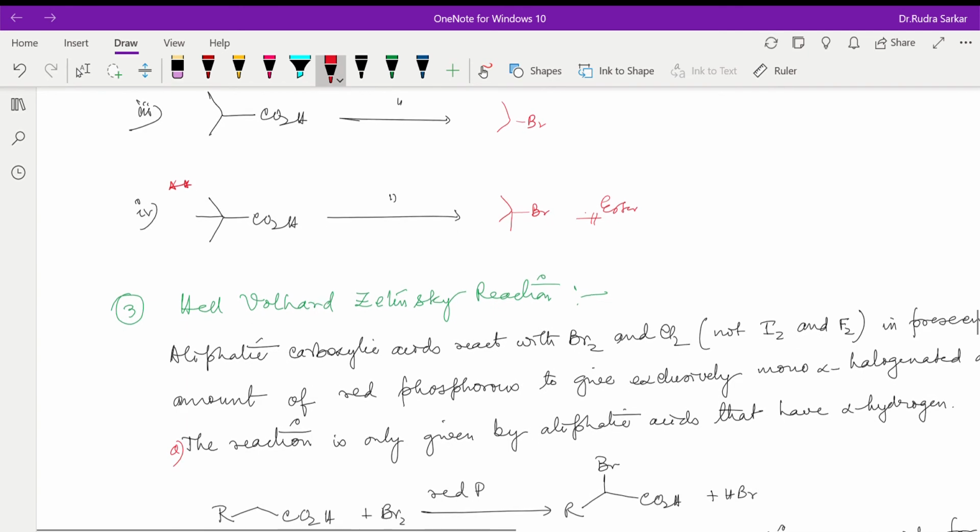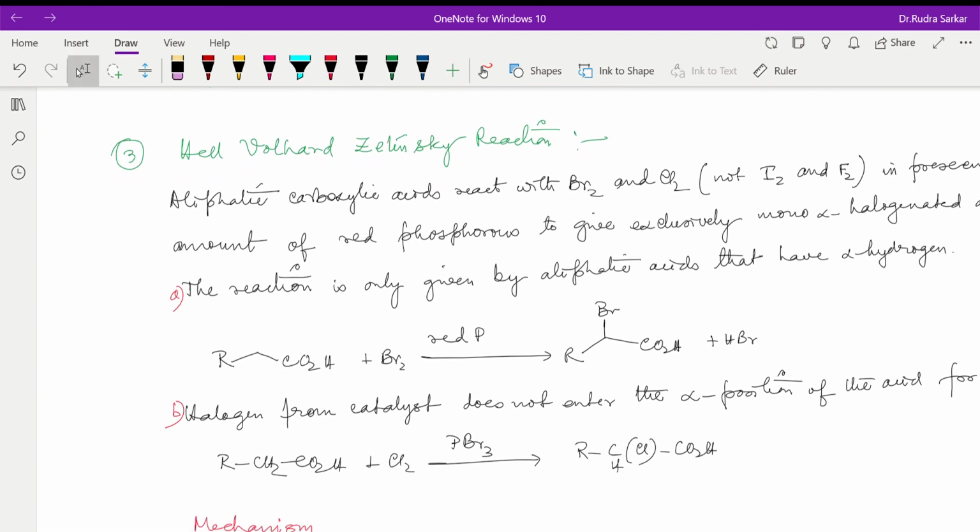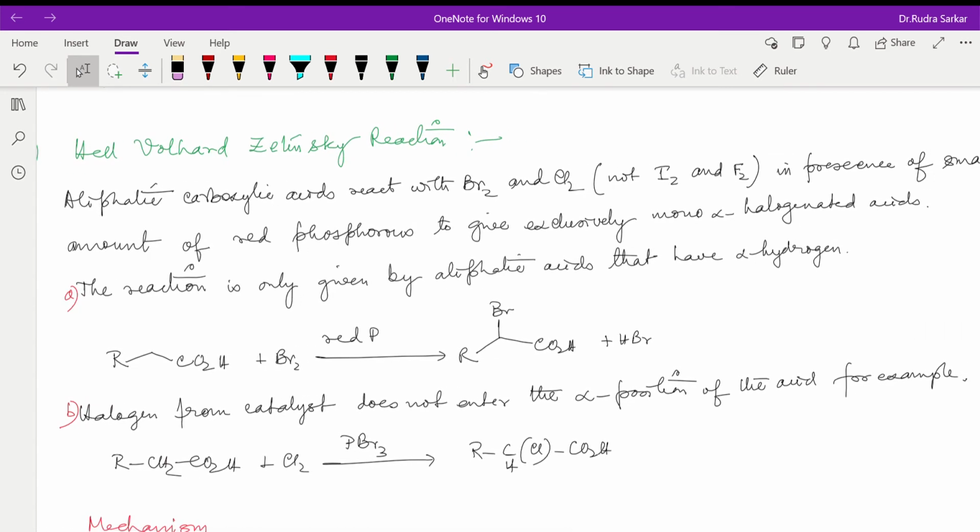All right. The next one is called the Hell-Volhard-Zelinsky reaction, or HVZ reaction, in which aliphatic carboxylic acids react with Br2 and Cl2, but they will not react with I2 and F2.